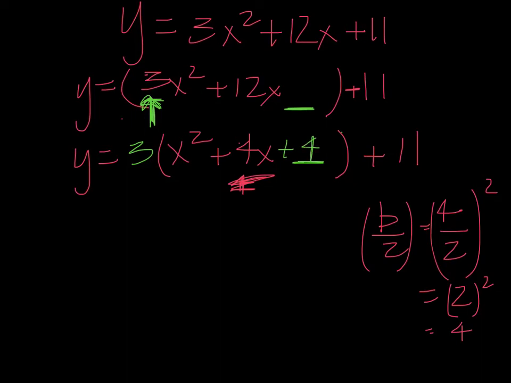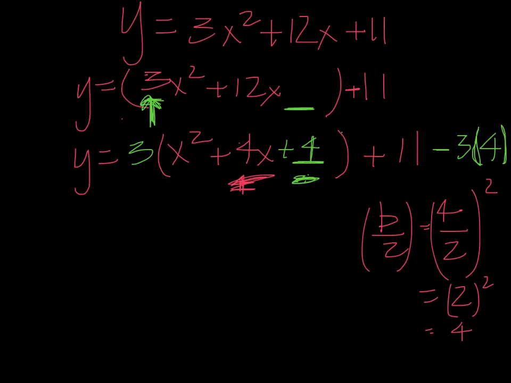So I've got a new c, but I can't just add a number to an equation, I can add a 0. So if I add 4 here, I have to subtract 4. But I'm not just adding one 4. I actually have 3 of them, so I have to multiply 3 times that 4. Because I'm not just adding 4 inside the parentheses, I'm adding 3 of them.